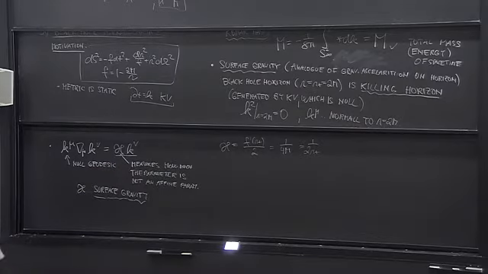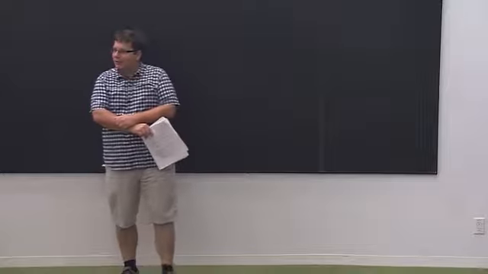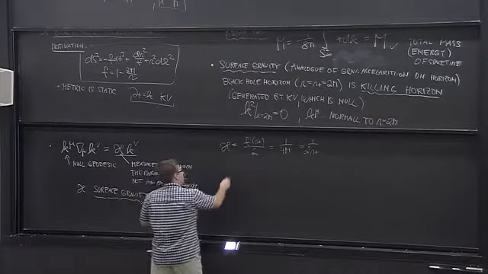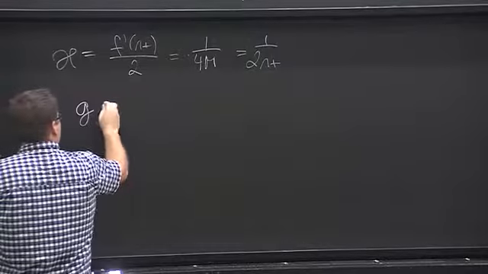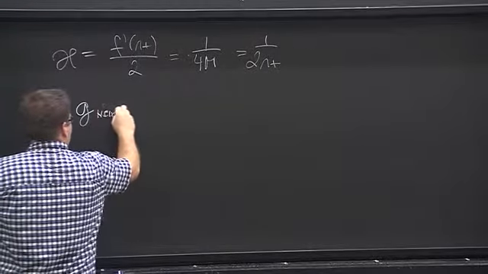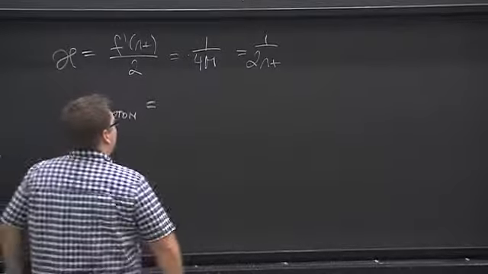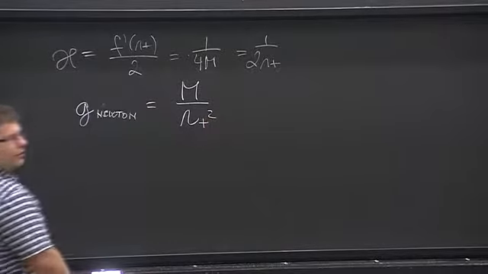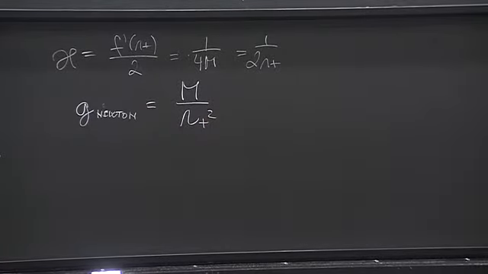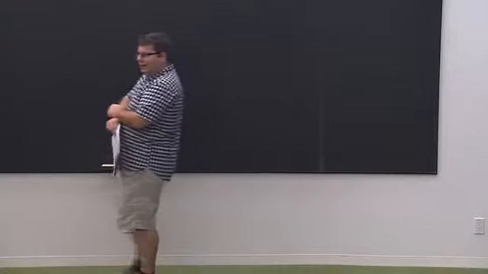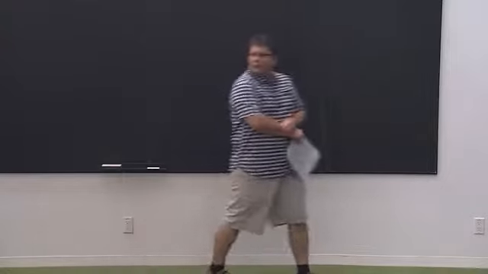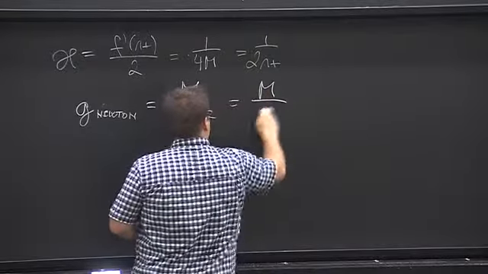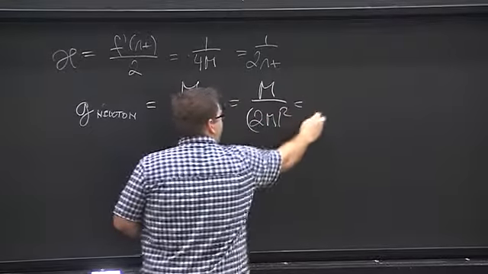By the way, I said this is like an analog of gravitational acceleration for the black hole. So let's calculate the gravitational acceleration. G for Newton is m over r_+ squared. If I have an object of mass m, and I'm interested in the distance r_+ from the center, this is the Newtonian gravitational acceleration: m over (2m) squared, which is 1 over 4m.